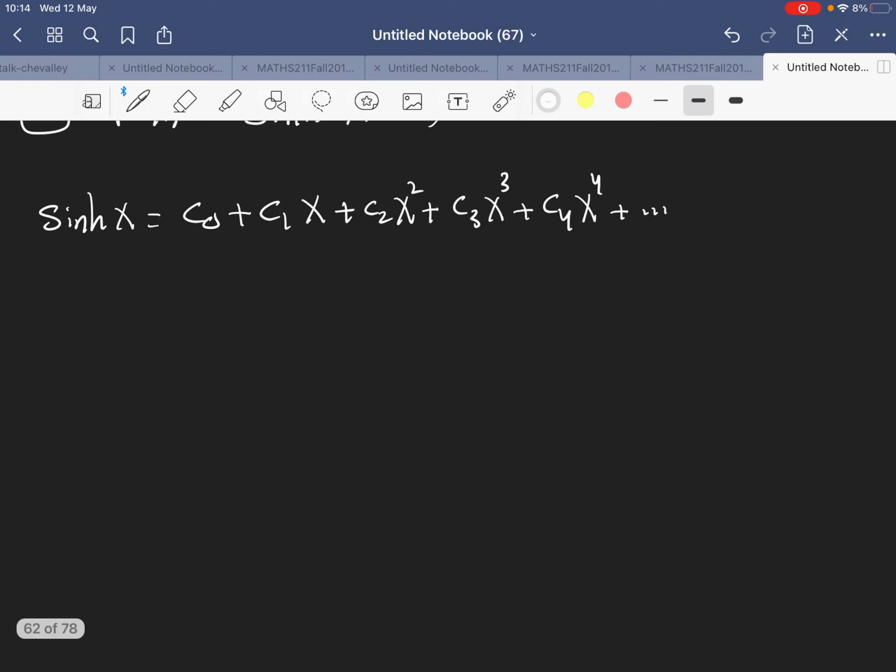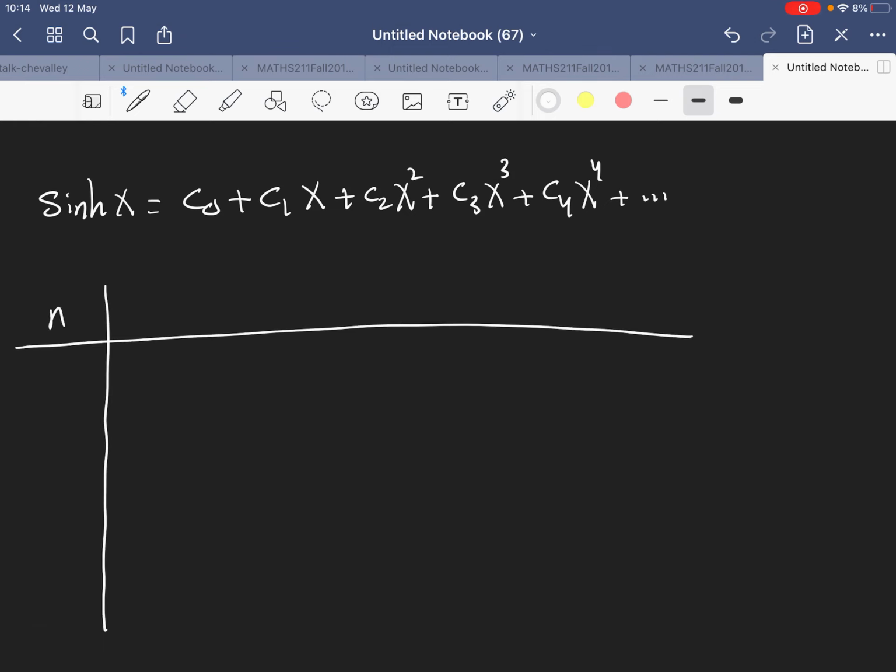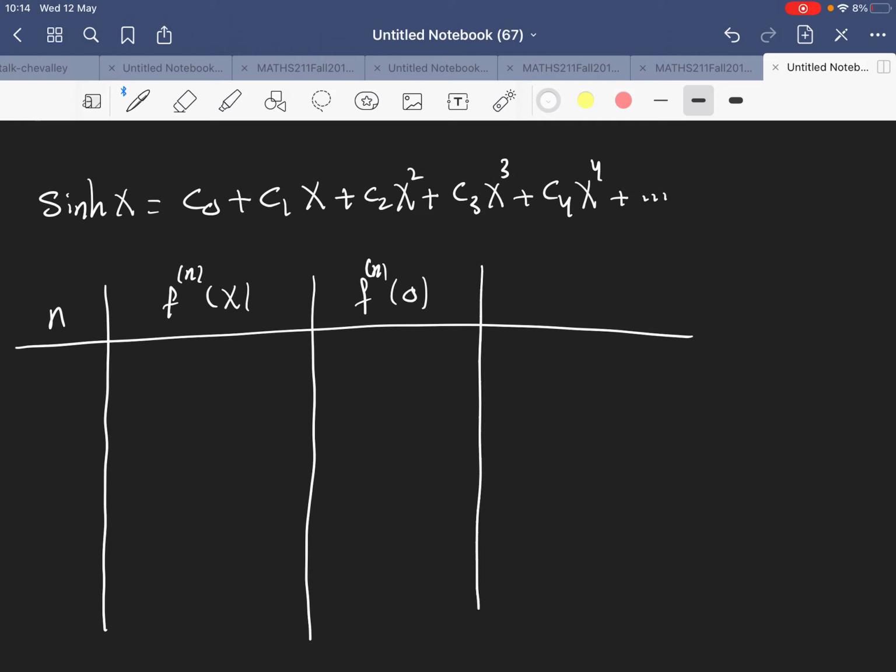And now we need to find c0, c1, and c2. The best way is to have this table. Again, we need to substitute at 0. And then we just find Cn, which is the derivative at 0 over n factorial.